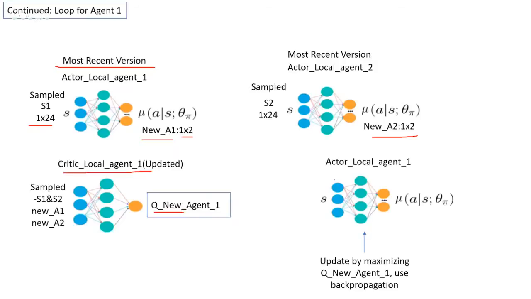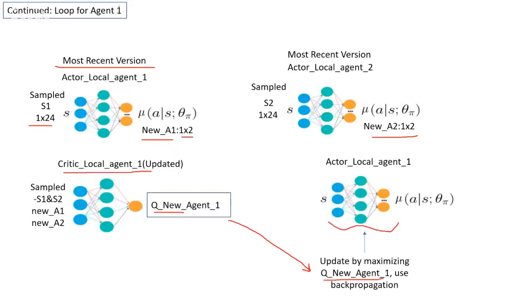If you have written the code yourself in the last two projects, you should understand this. And then I run the same backpropagation step by maximizing Q new agent 1 that I got here. And you should understand how to maximize this. Backpropagation usually minimizes things, but you should know how to maximize, right? So that's how I trained my actor local for agent 1.